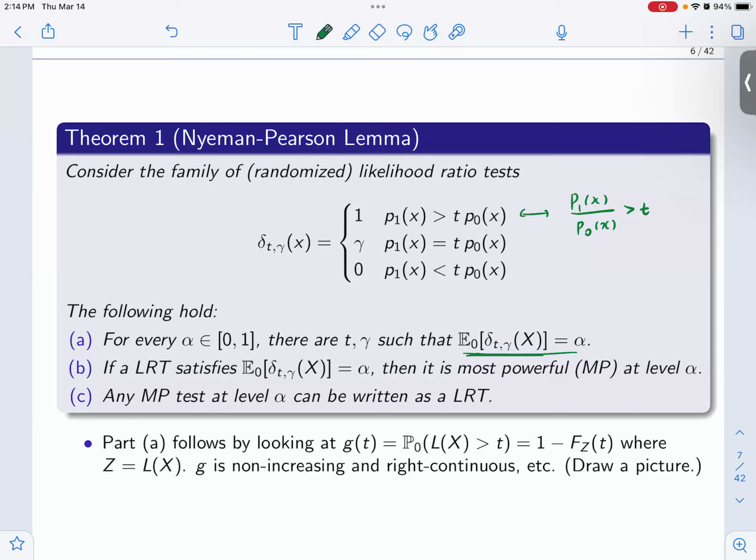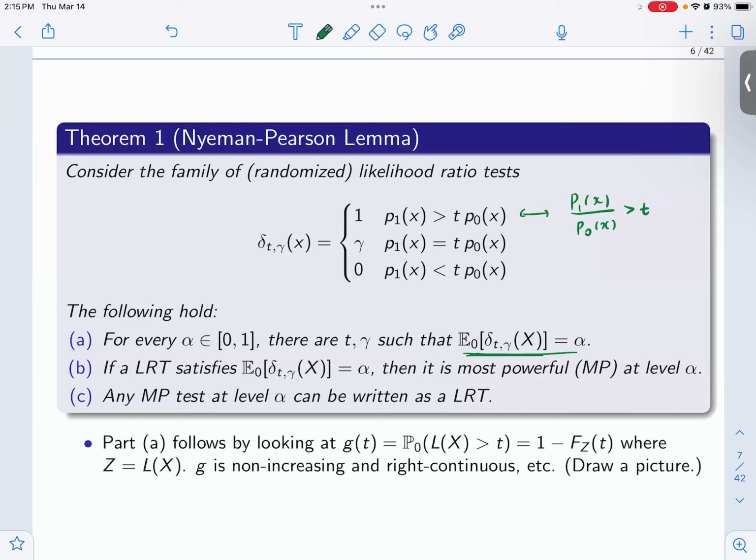And when do I have to randomize? The cases where this happens are where the distribution of the likelihood ratio has a point mass. Maybe we'll talk about that later.